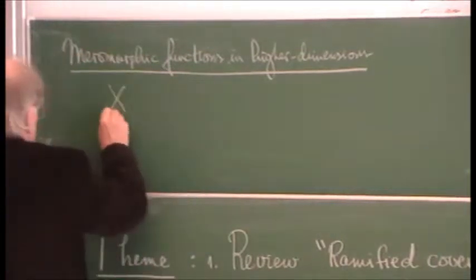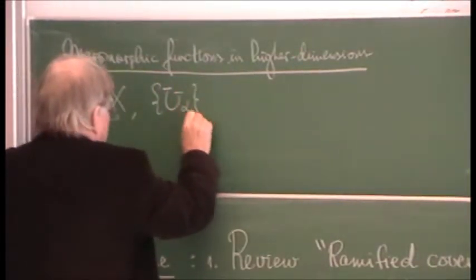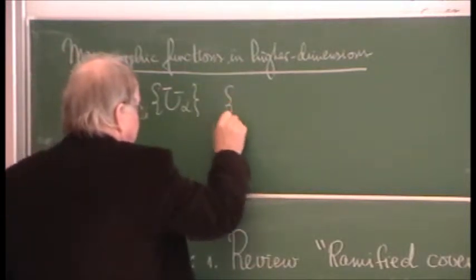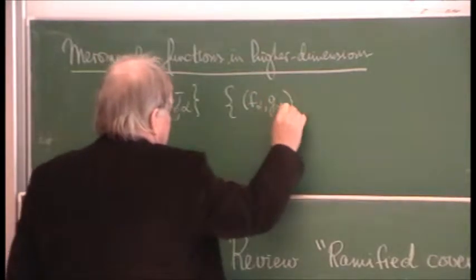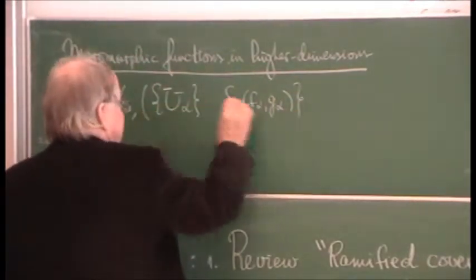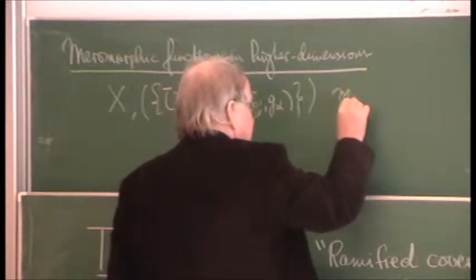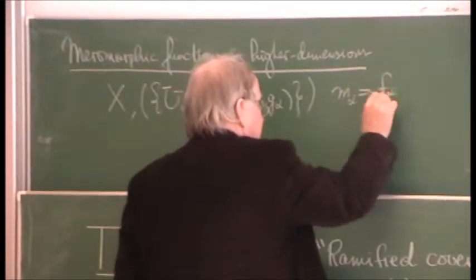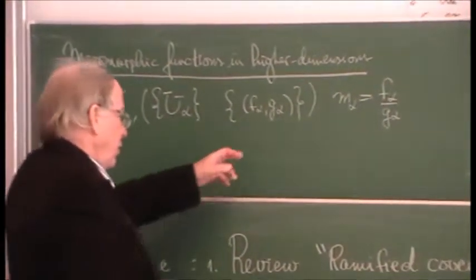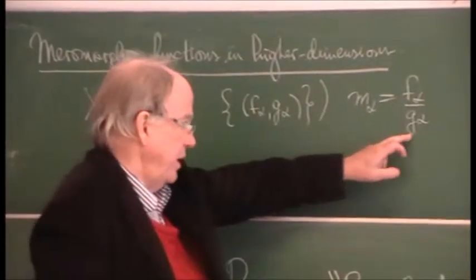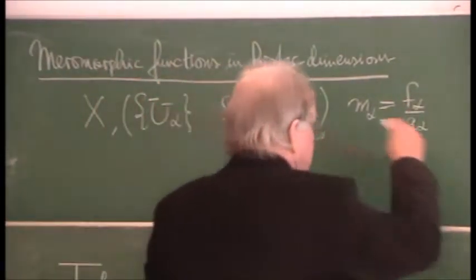You have X, and you have a covering, and on each covering, you have a pair of functions. So that's the data. And of course, we're thinking about these functions as defining a quotient. And so you don't want G to be anywhere identically 0.